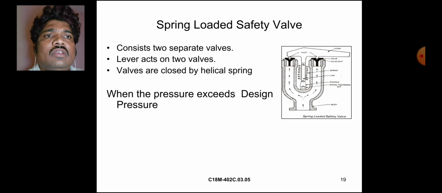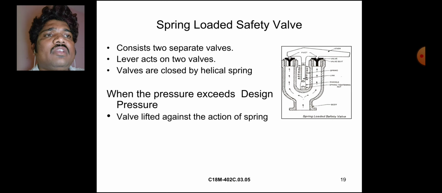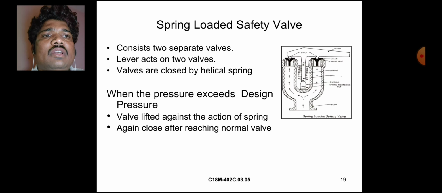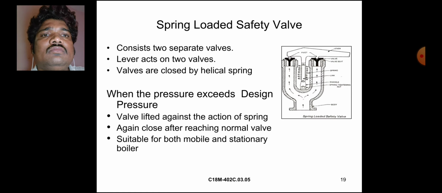When the pressure exceeds the design pressure, the valve is lifted against the action of the spring. It closes again after reaching normal pressure. It is suitable for both mobile and stationary boilers.